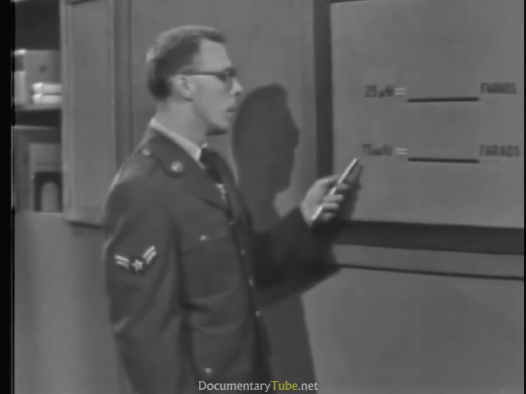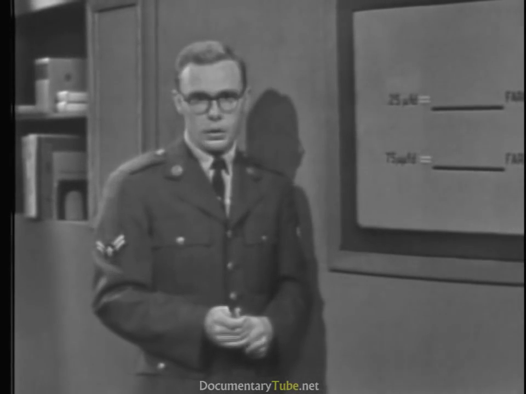Here are two values of capacitance. Let's convert these to farads. First, we must answer this question. How much is a microfarad? Well, you should know that micro means 1 millionth. And it also means that the decimal point must be moved to the left from its original placement.